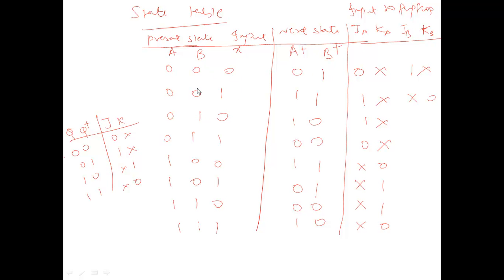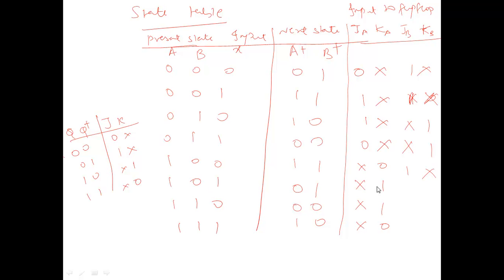Next is 0 to 1, again 1x. Next is 1 to 0, which is x1. Again 1 to 0, which is x1. Next is 0 to 1, which is 1x.